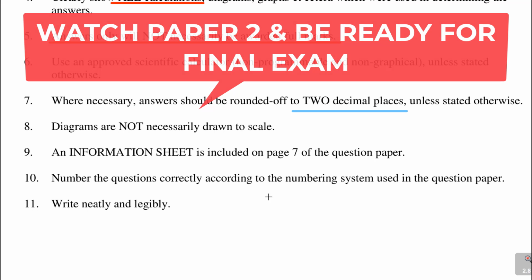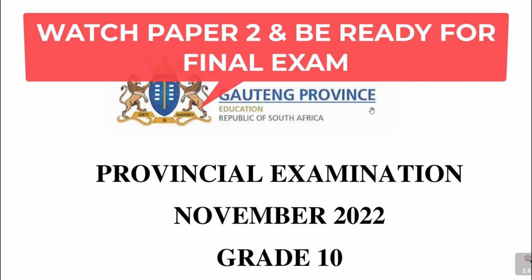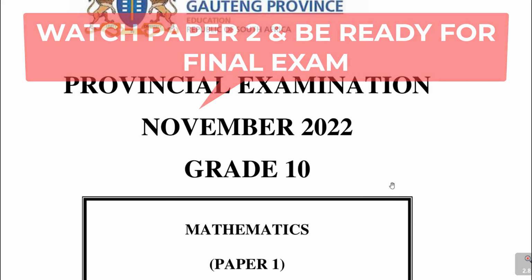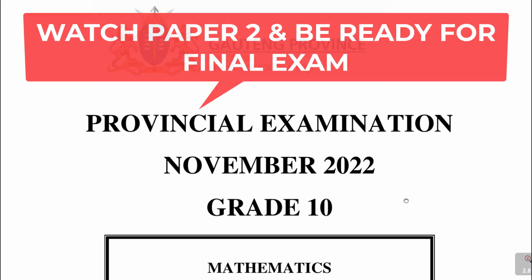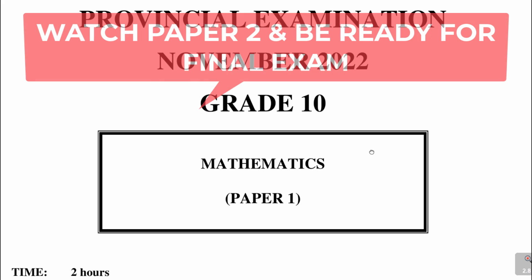So it was fine when I said 0.37. But as I said, this paper was November 2022. It was from Gauteng province, and it was a good paper. I think it was actually a challenging paper for a grade 10. If you revise though, you prepare yourself better.